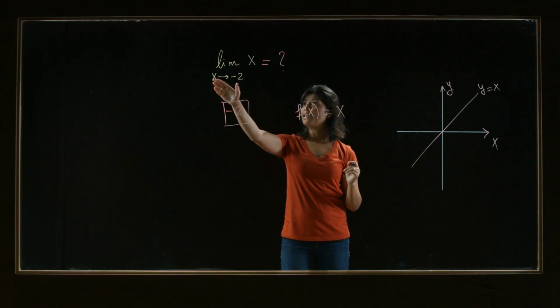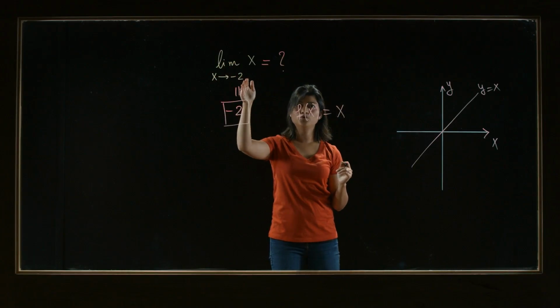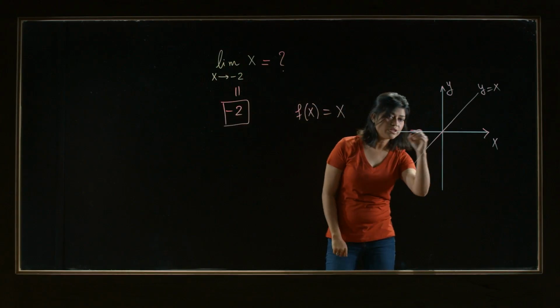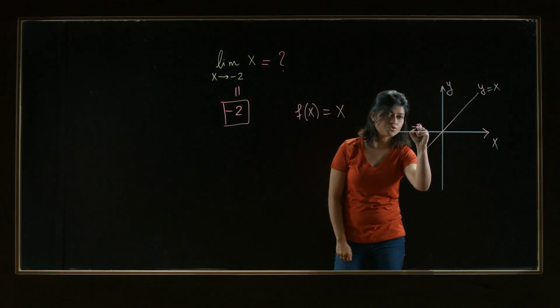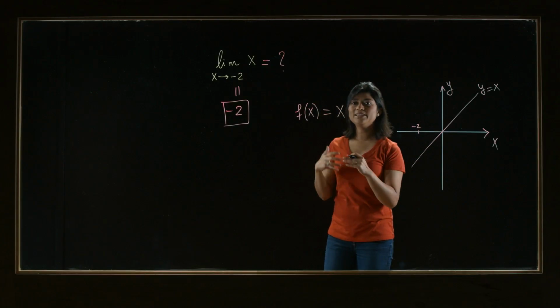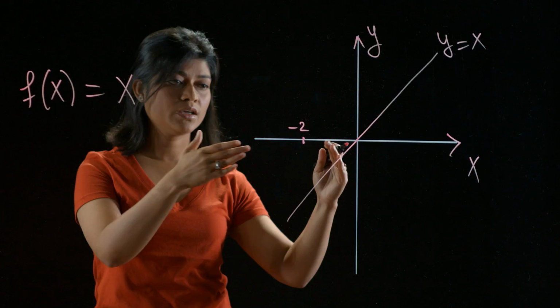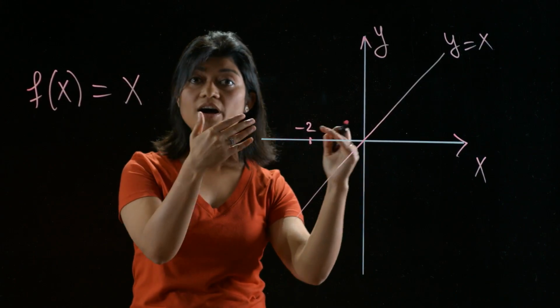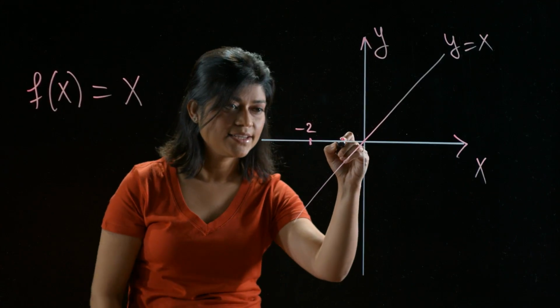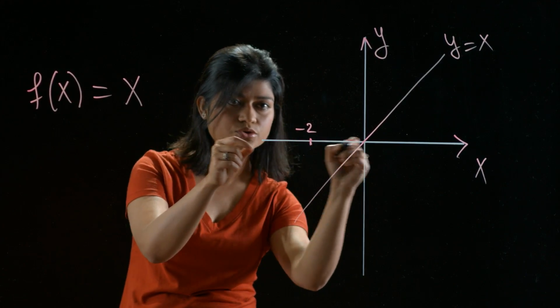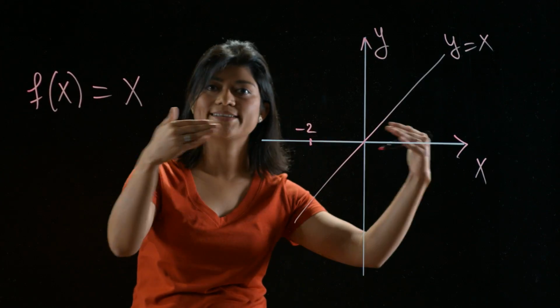And we are trying to evaluate the limit as x approaches -2. So let's say here we have -2. What does that really mean, that x is approaching -2? Let us understand that. The concept of approaching means that x is taking values close to -2 on the x-axis.